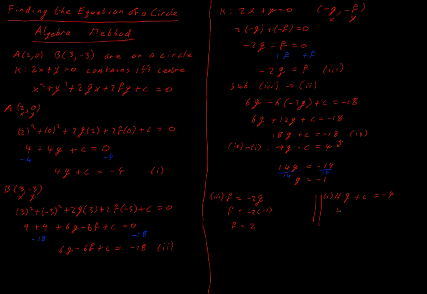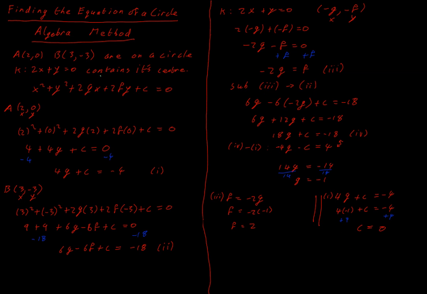So I have 4 on minus 1 plus c is equal to minus 4. If I add 4 to both sides, c is equal to 0.